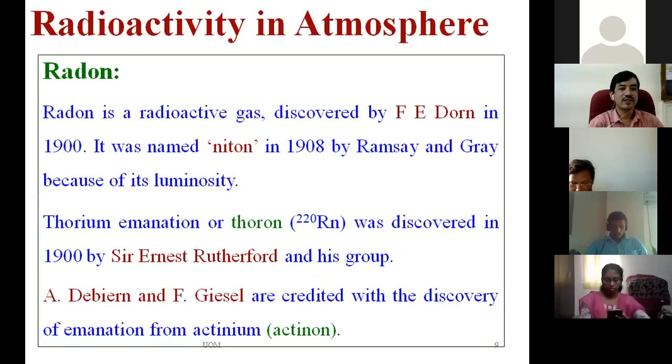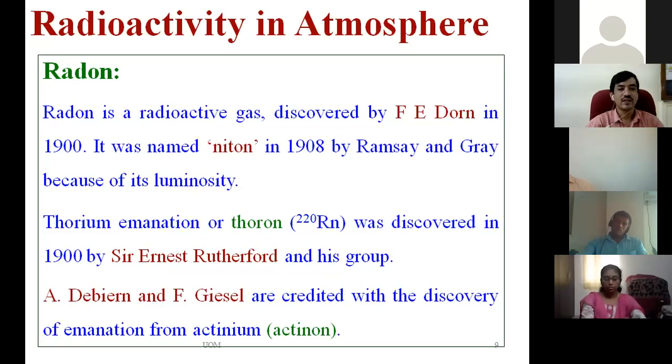From that chart we can identify that radon is the major contributor to the radiation dose received by the public. This gas was discovered by F.E. Dorn in the 1900s, during the birth of nuclear physics. It was named Niton in 1908 by Ramsay and Gray because of its luminosity.